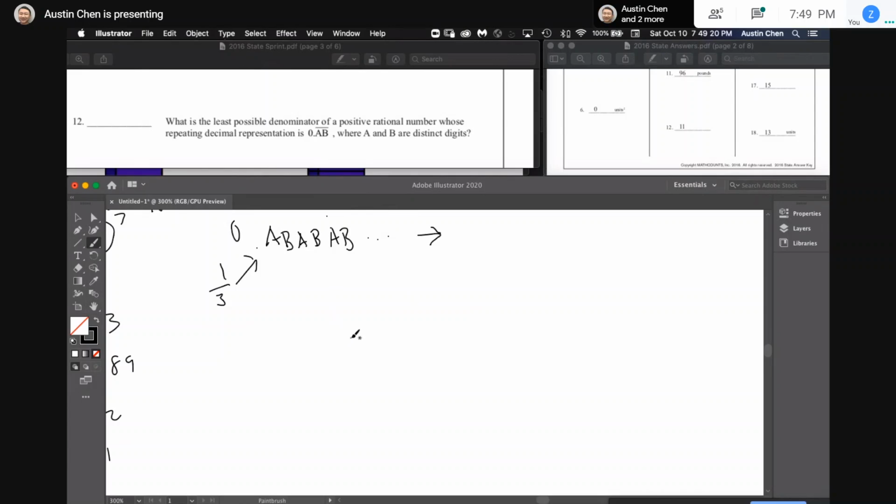So we can think of the fraction method that I've always used before, which is if you have like a, oh man, I don't know.